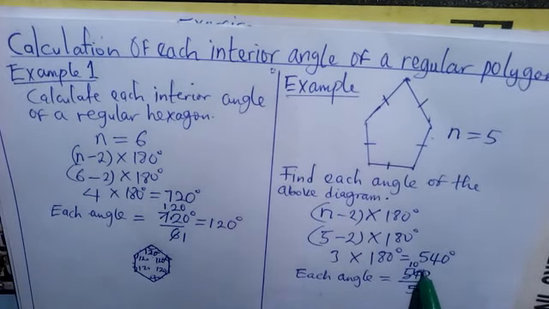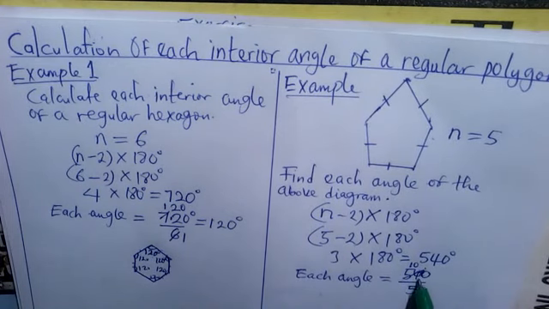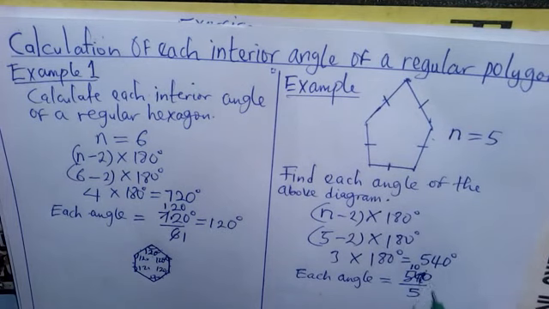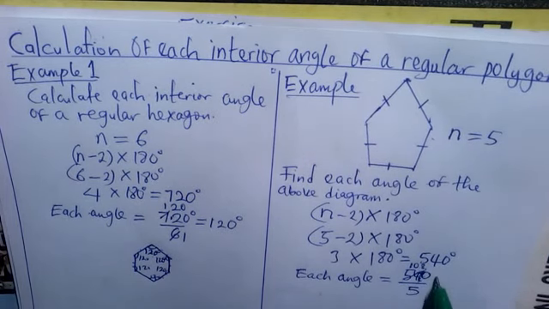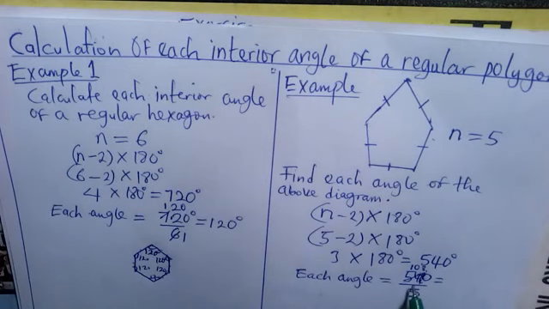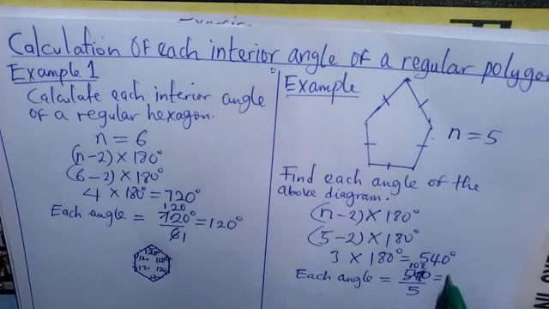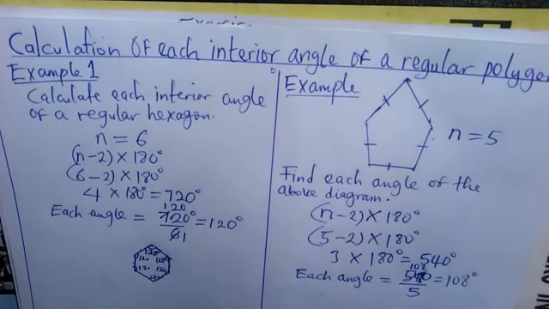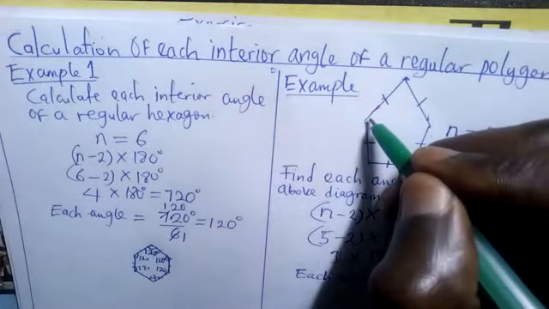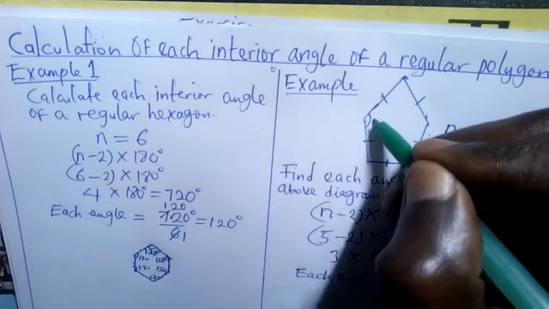You can put it here beside that 0. So you are going to have 40 there by the time you put the 4 there. So 5 in 40 will give you 8. So you can see that 5 in 540 is 108 degrees. So each of them is now 108.